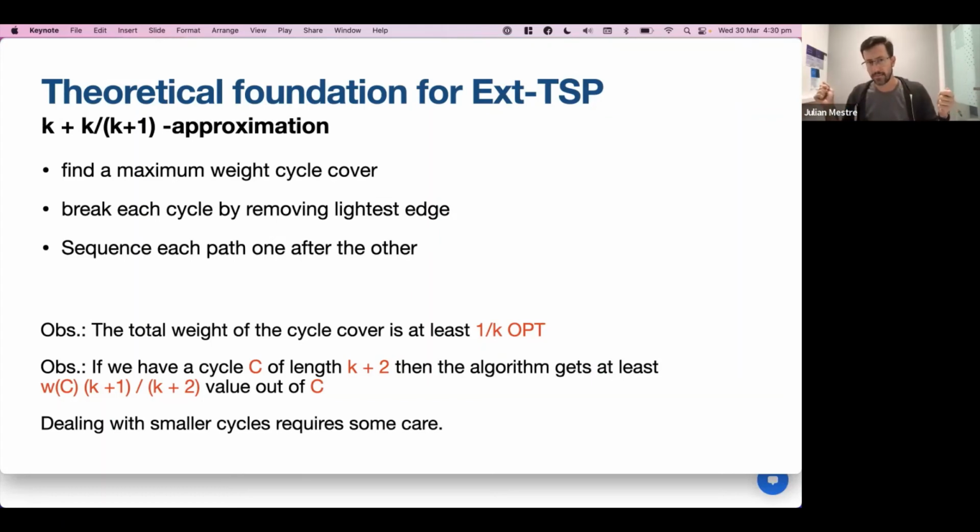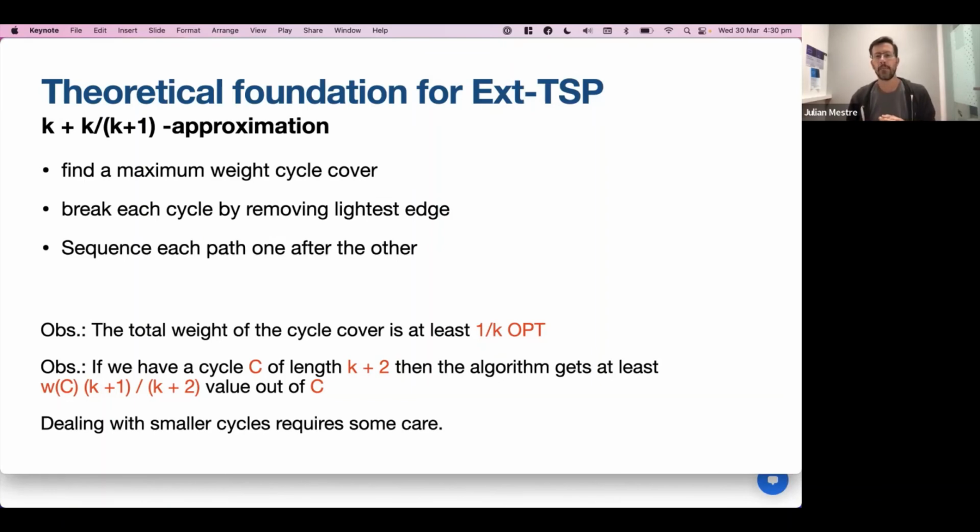Once you remove an edge from each cycle, now you have paths, and then you just sequence one path after the other. And the observation that we make in our paper is that the total weight of the cycle cover is at least 1 on K of the optimal solution. And this is quite straightforward to prove.